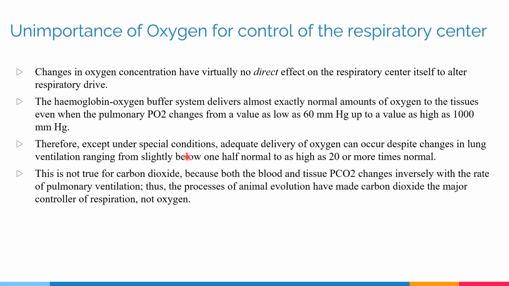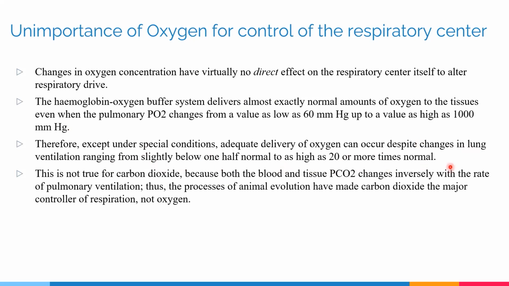Therefore, except under special conditions, adequate delivery of oxygen can occur despite changes in lung ventilation ranging from slightly below 1/2 normal to as high as 20 or more times normal.